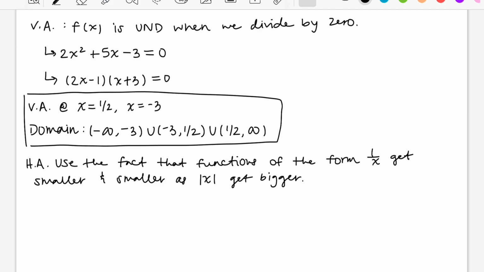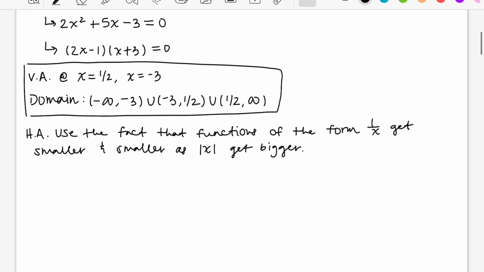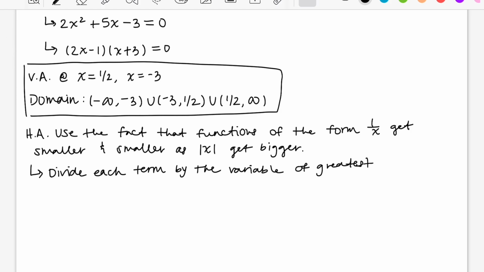Alright, so in order to use this fact, what we first need to do is divide each term in our function by the variable of greatest degree.